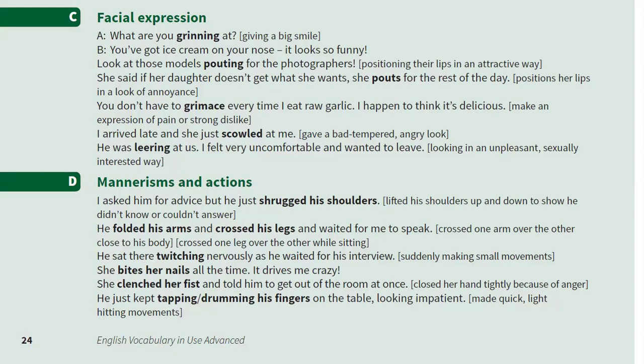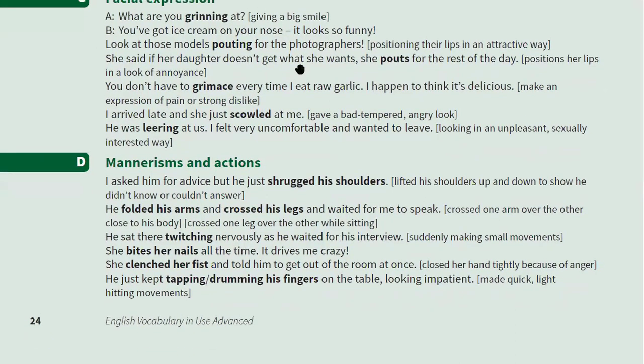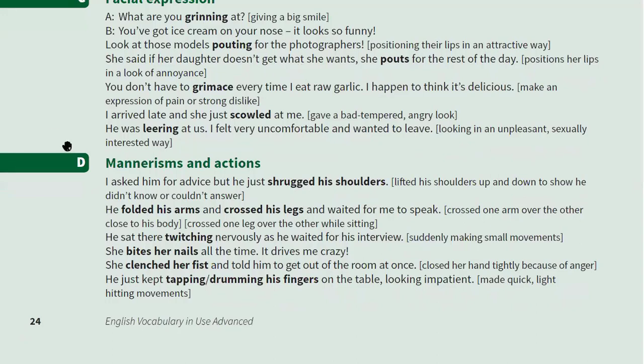So let's focus on other options: manners, mannerisms, and actions. Now, this is very helpful when you write descriptions in writing. How what people do when they say something. I asked him for advice, but he just shrugged his shoulders.